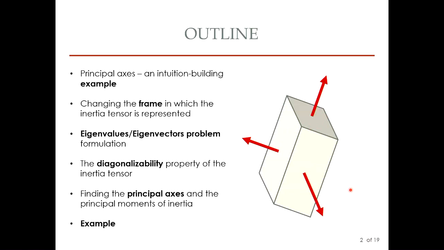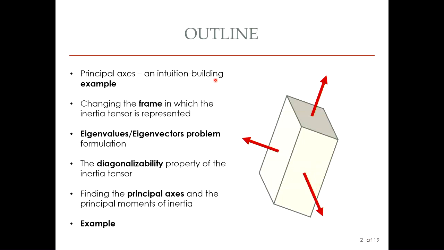What's special about them is that if you choose your coordinate system, let's say G or B or whatever, as long as that coordinate system is parallel to this one, drawn here with all the axes normal to the faces of the cuboid, then your inertia tensor will be diagonal. Remember, I already showed you, choosing something like that as the axis, we got a diagonal inertia tensor. Okay, so I will show you why we need a diagonal one.